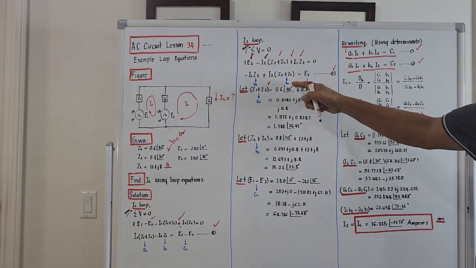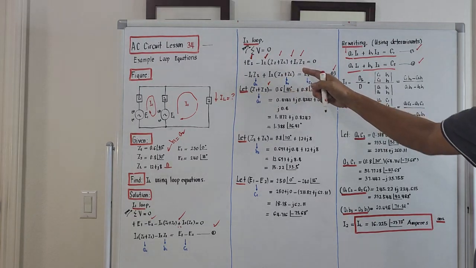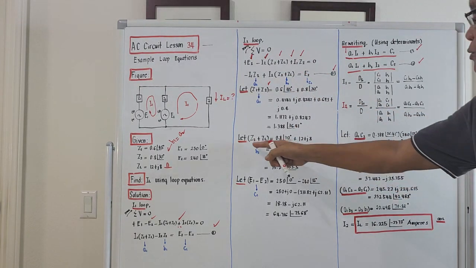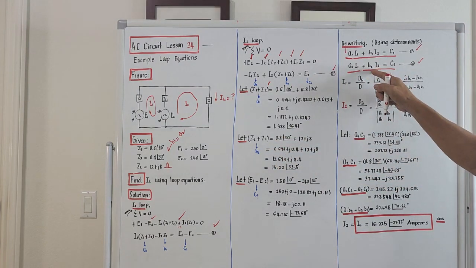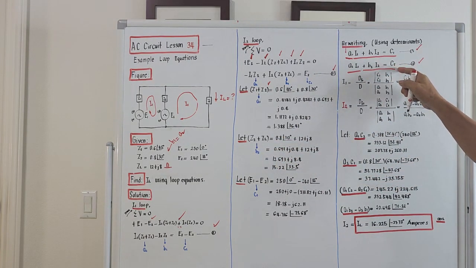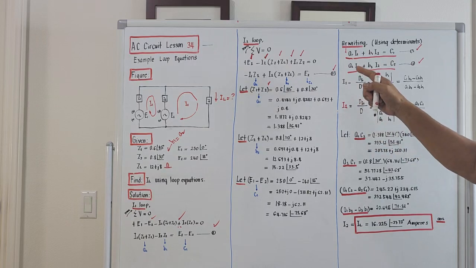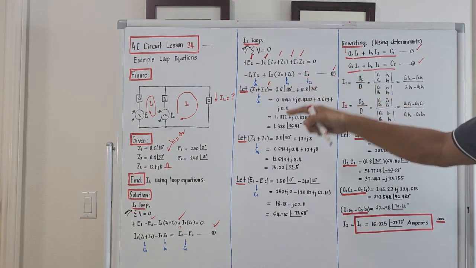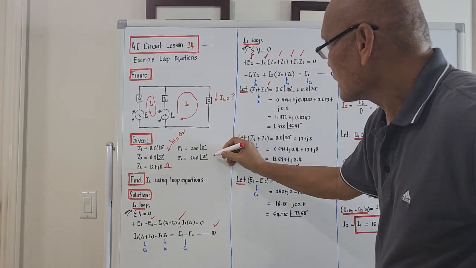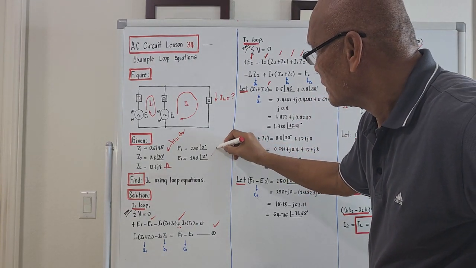And B2 is actually the sum of Z2 plus ZL. That's why we computed Z2 plus ZL differently also. Right? So we now know B2. And what is the value of C2? The value of C2 is the right-hand side of equation number 2. That is actually E2. We now know E2. So this is actually C2.